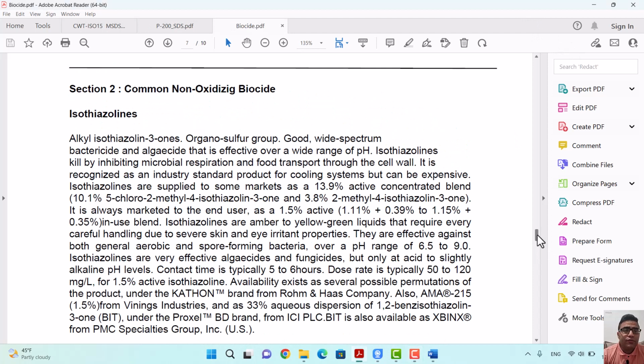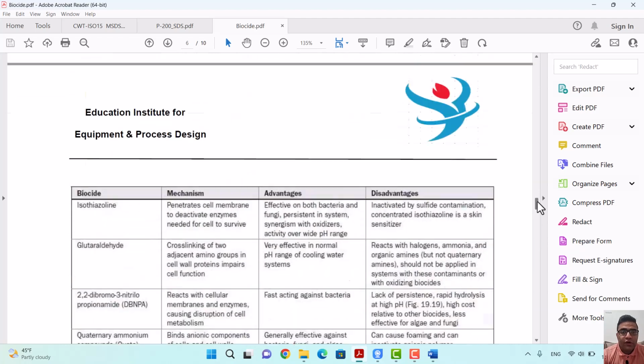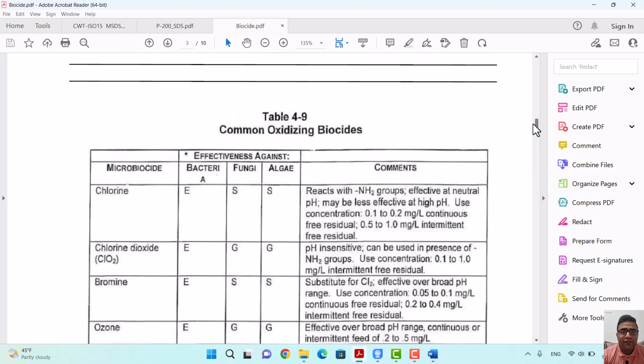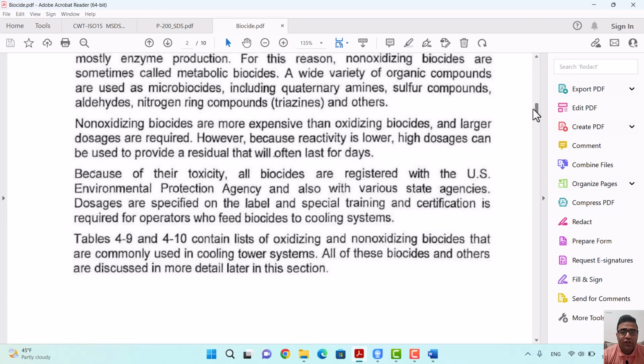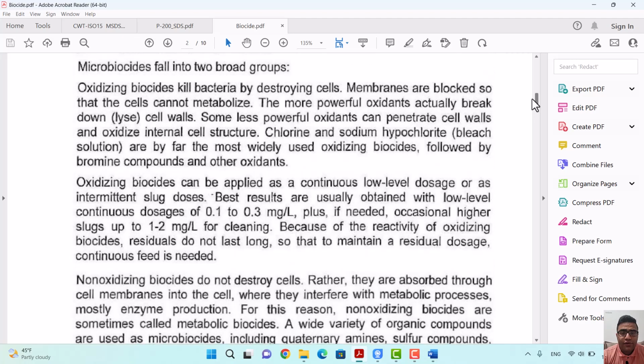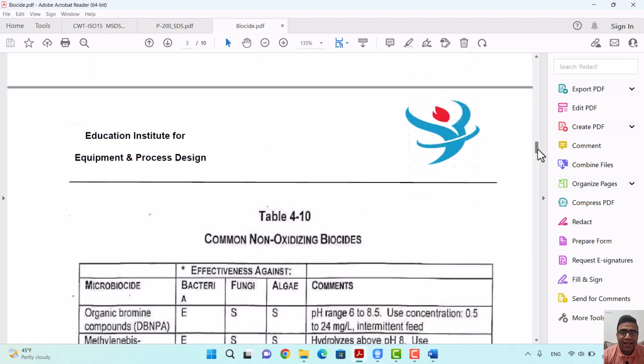So in order to calculate the required dosage per each injection, I want to allude to one of the important paragraphs I mentioned at the start of our lecture about the biocide demand.